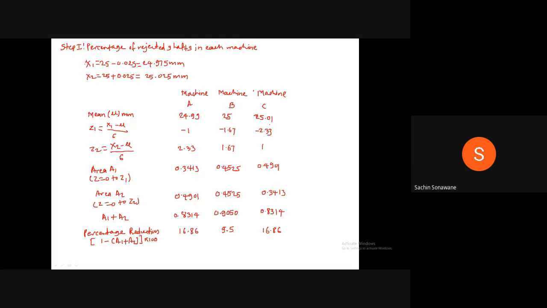Step 3. Comments on results. Now, first of all, Z1 is equal to -1 and Z2 is equal to 2.33. Therefore, we will draw the diagram.